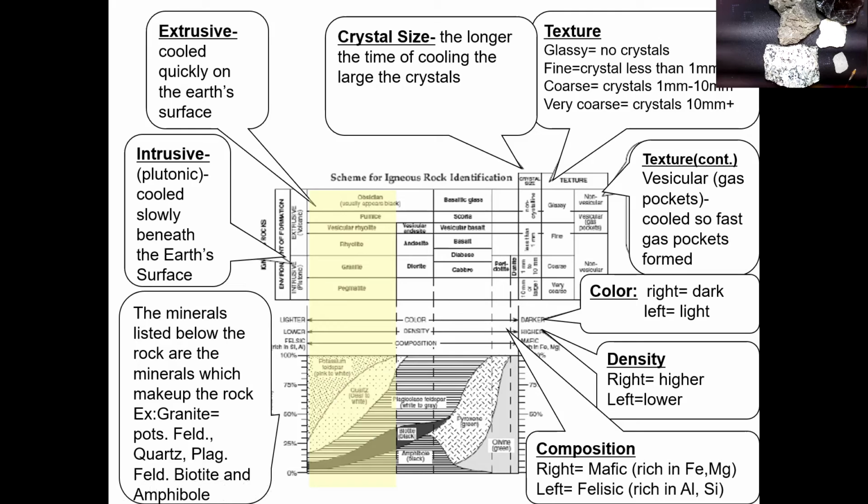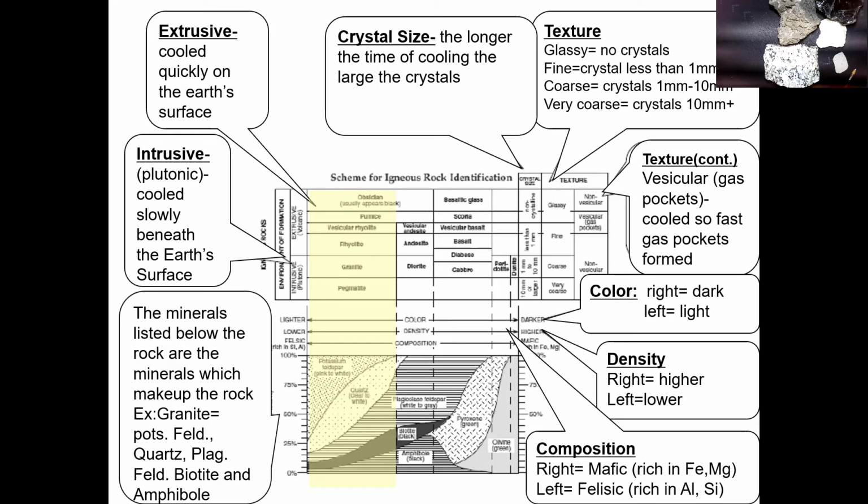So you'll see potassium feldspar, quartz, plagioclase feldspar, biotite mica, amphibole, pyroxene, and olivine. Those are all minerals we've already learned about. So these are the minerals you'll find in these rocks. So what I mean is by the minerals below. So see how, let's look at granite. Granite has a box around it.